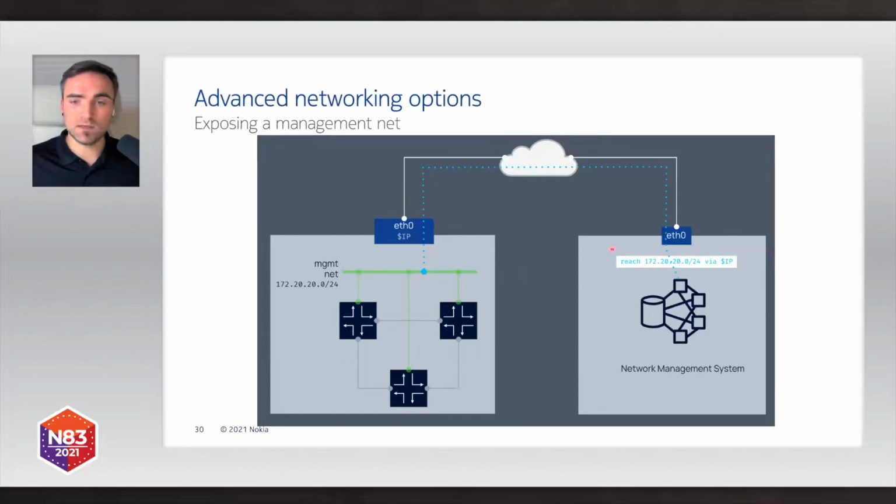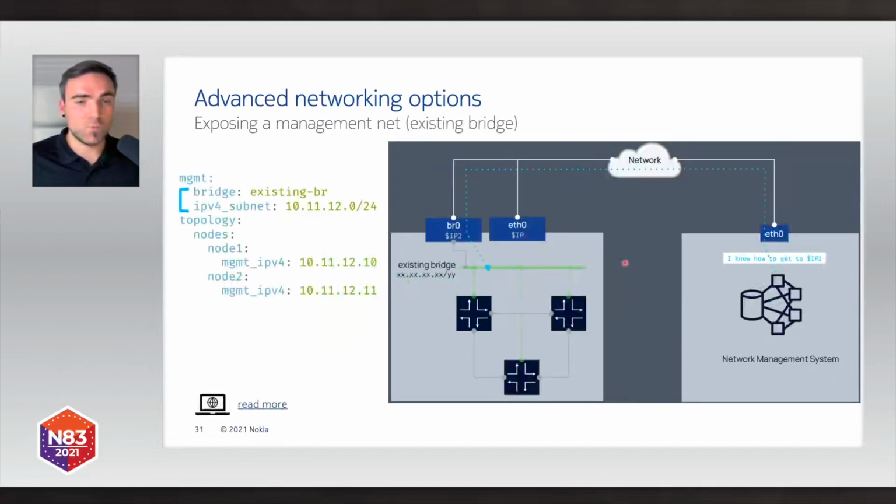But of course, you need to be able to configure the route on the machine that hosts your NMS. There are ways to have the same kind of connectivity without touching the routing stack on your machine that hosts your NMS. To do that, you can leverage the existing bridge capability that Container Lab has. It allows you to say, dear Container Lab, when you deploy the lab, please use the existing bridge that I have on my machine.